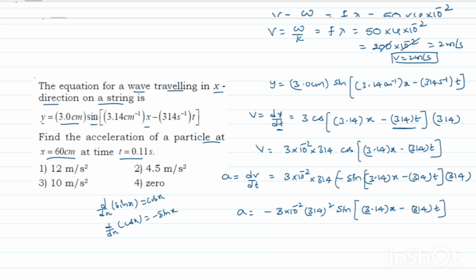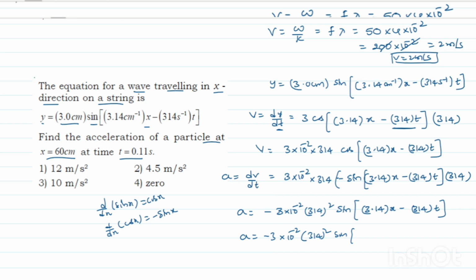Now rewrite this equation. Here they are asking at x equal to 60 centimeter and at time t equal to 0.11 second. So this is minus 3 into 314 whole square into sine, taking 3.14 as pi.